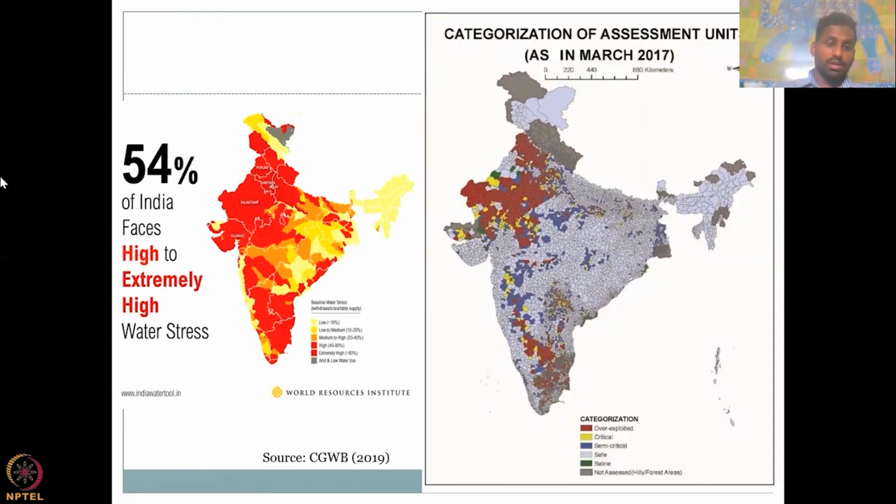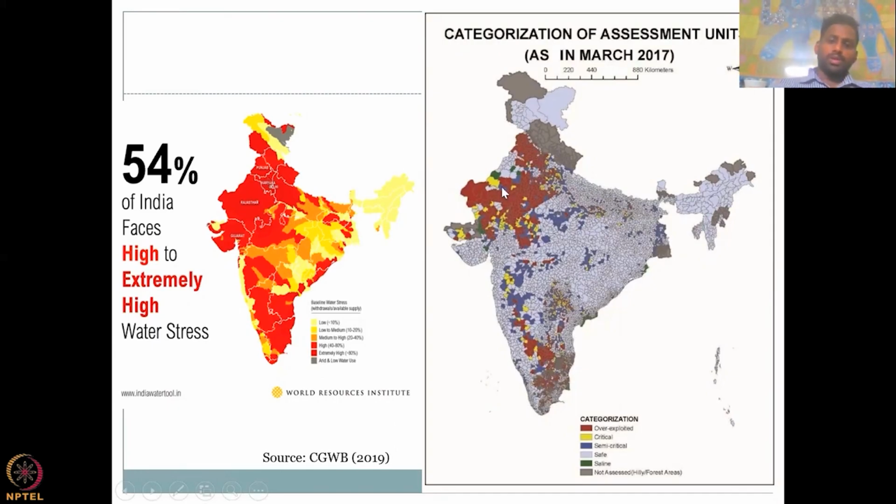Okay, so this image on your left looks at total water stress and says that high to extremely high water stress is going to be hitting pretty soon in the northwestern region, and also the central and southern regions and along the coast.